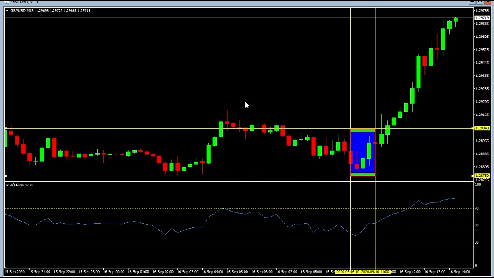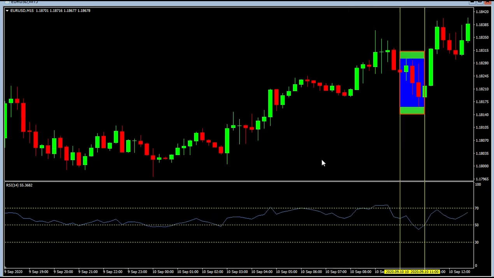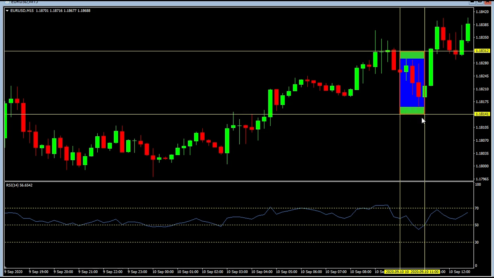Now let's go to the Euro USD pair. Okay, this is the Euro USD pair, and if you bring the horizontal lines here, and we place them at the high and the low, and look at the last candle, the slope is up, RSI is up, so we're going to buy. We're going to put a buy pending order here, and a stop loss here.